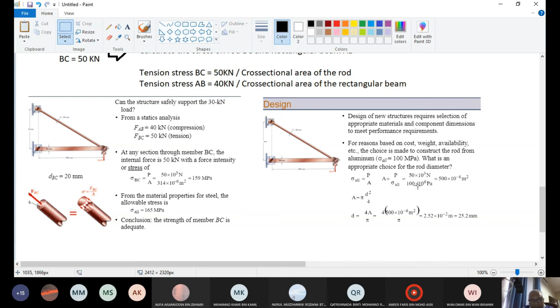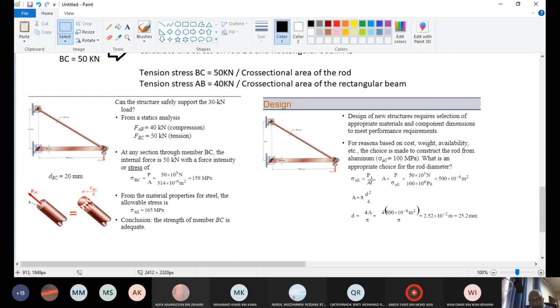So what they did here, you can see this in this example. It's easier just to put the force. Force is obviously fixed. The stress you know is 100 because you do not want anything to go beyond 100.